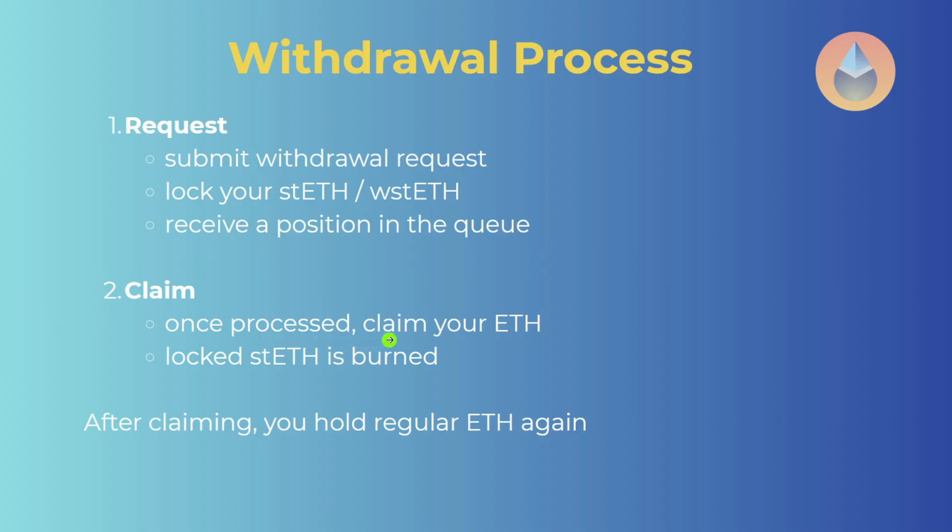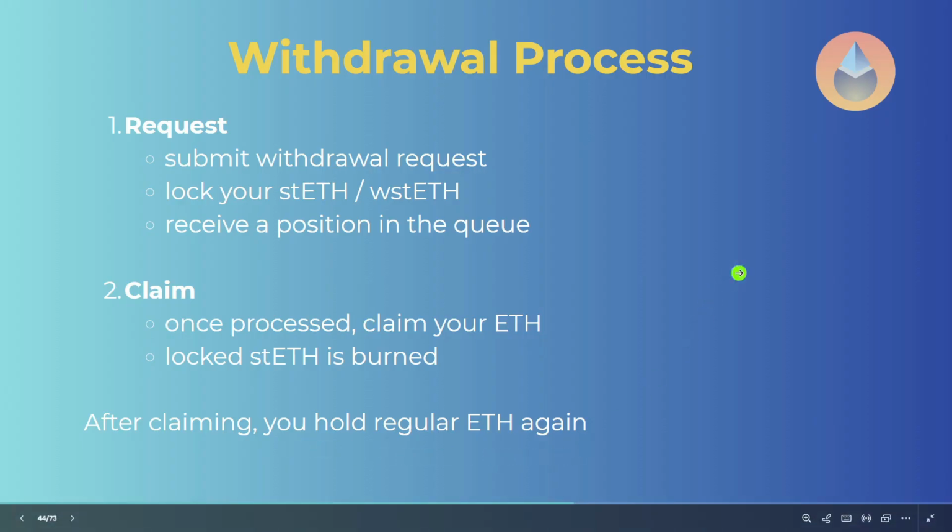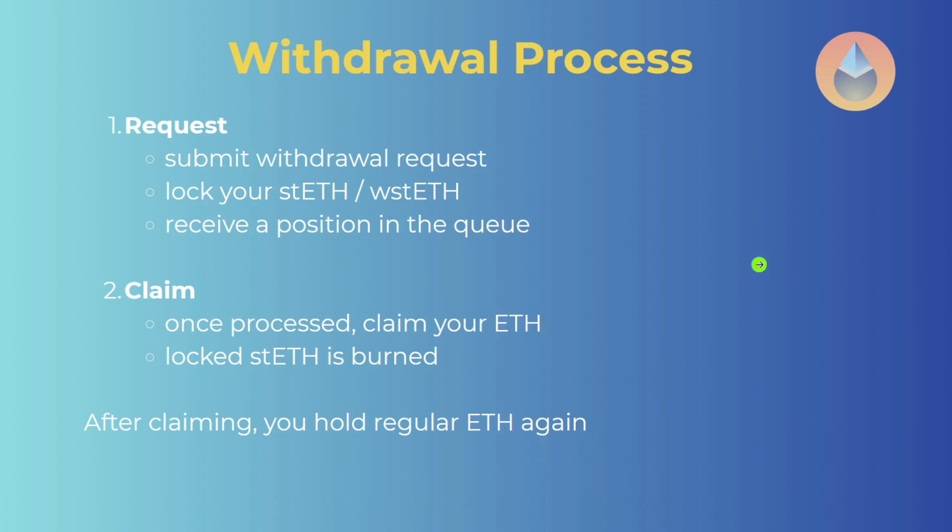Once our request is processed, we can claim our ETH, and the locked stETH is burned. So after claiming, we hold regular ETH. Okay, so we are giving the protocol stETH and getting back our ETH.